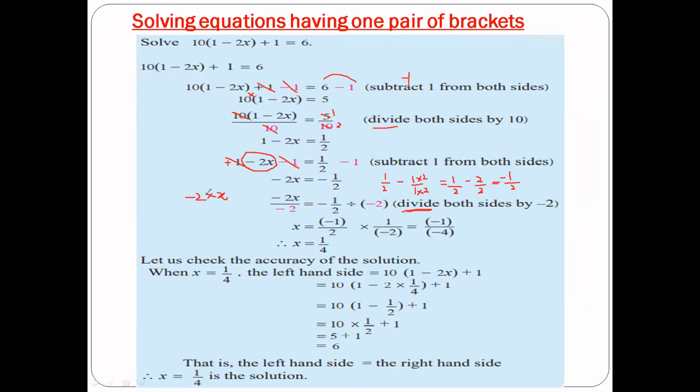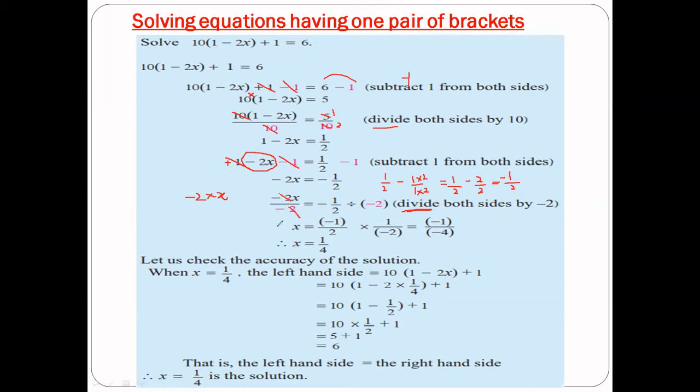Minus 2x means minus 2 multiplied by x. So divide both sides by minus 2. Minus 2 divided by minus 2, the 2s cancel out. If both signs are the same, when you divide an integer by another integer, the answer is plus.